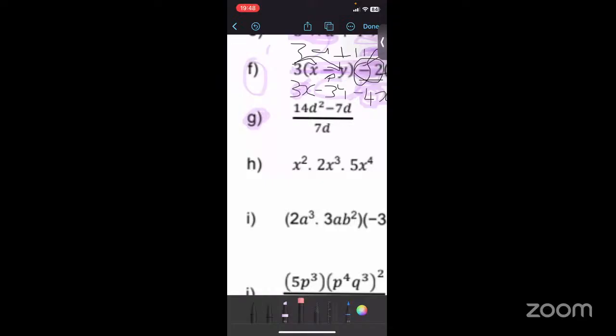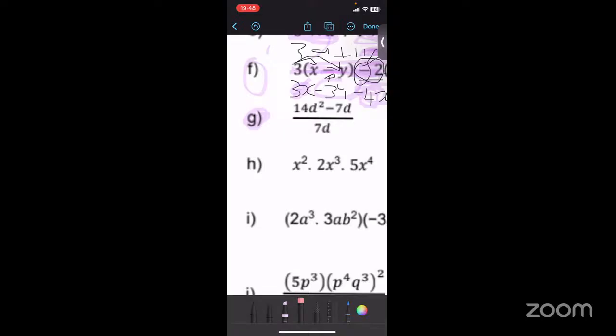So 14D to the power 2 divided by 7D is going to give you 2D. Then 7D and 7D, when you divide, is going to give you a 1. So your answer is going to be 2D minus 1.